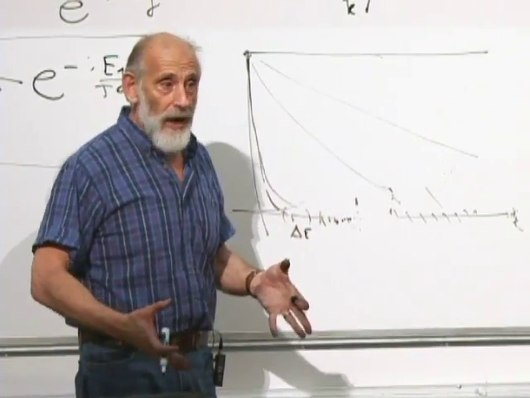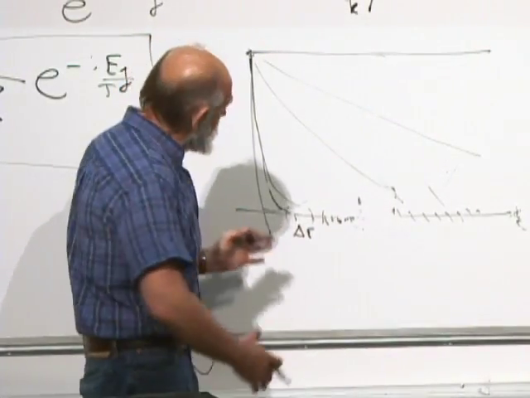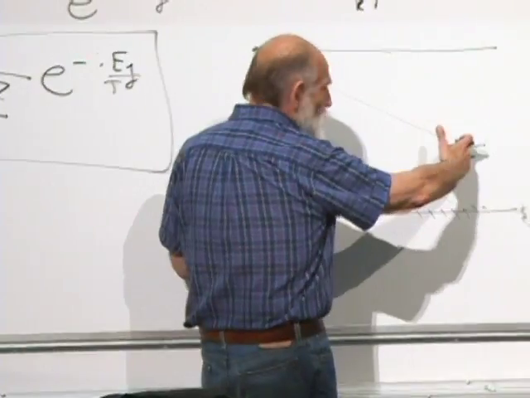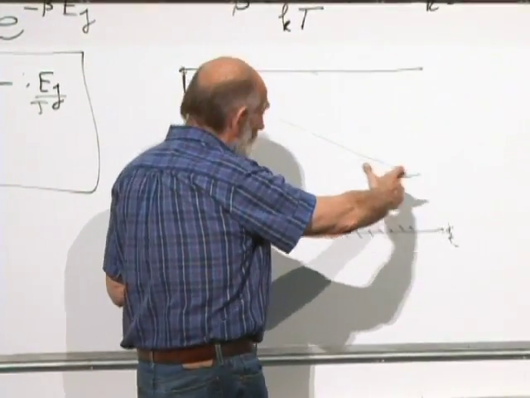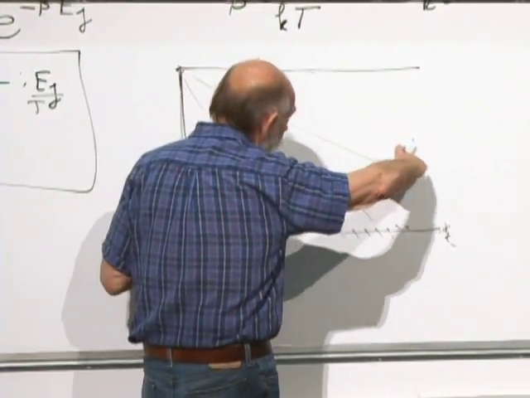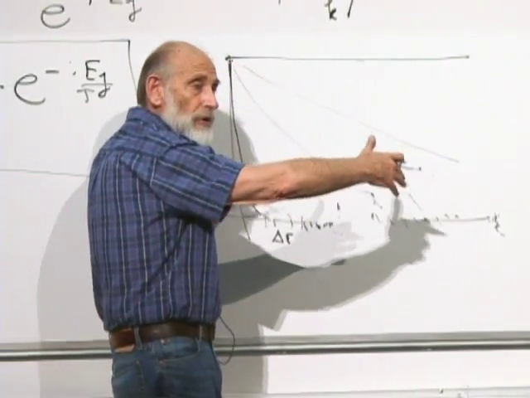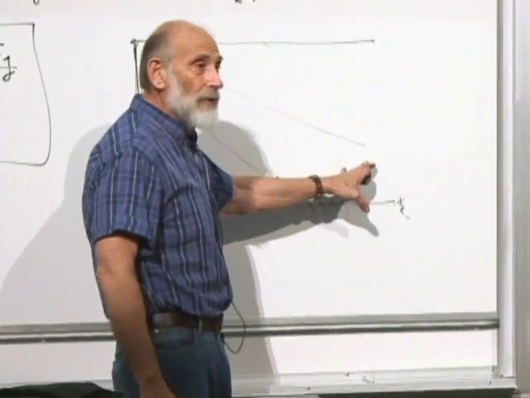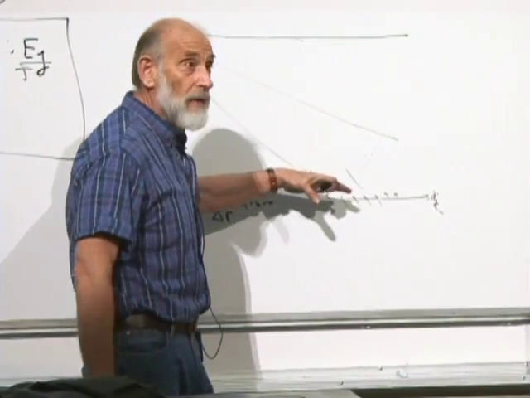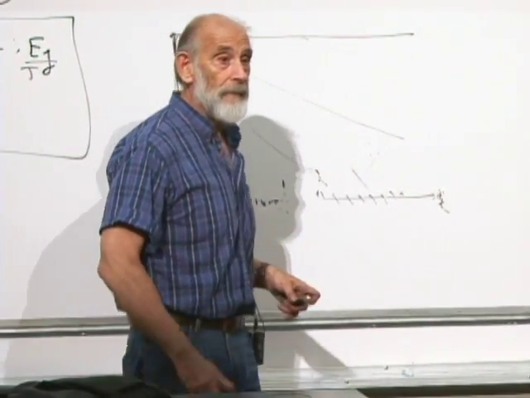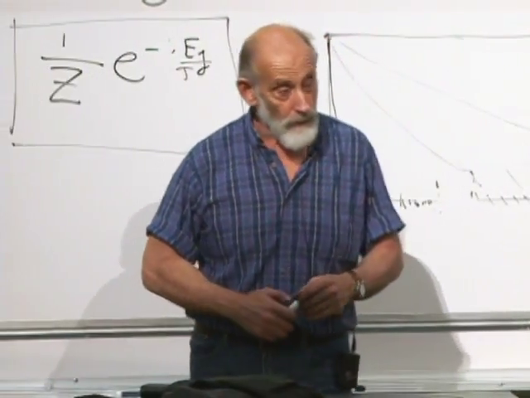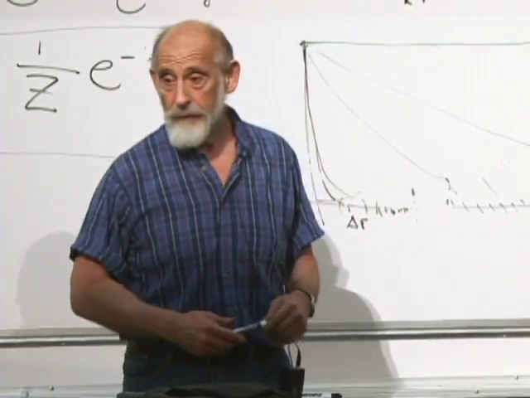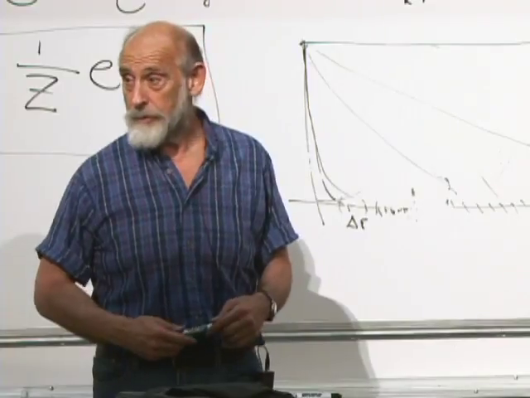Well, why does the entropy grow? Remember what entropy is. It's the average number of states contained within the distribution. As the distribution gets flatter and flatter, it contains more states with significant probability. So both the entropy and the energy are typically monotonically increasing functions of the temperature. Temperature goes up, energy goes up, entropy goes up.